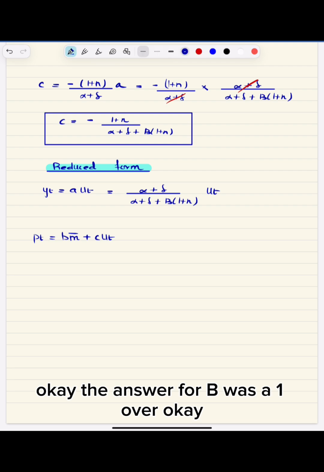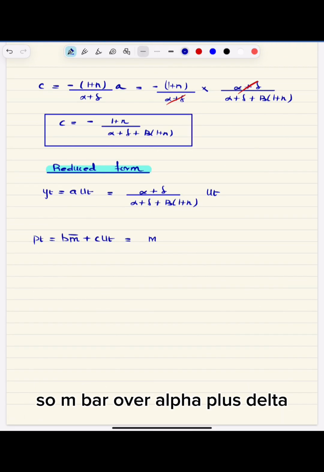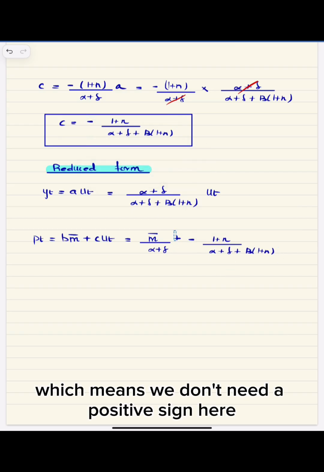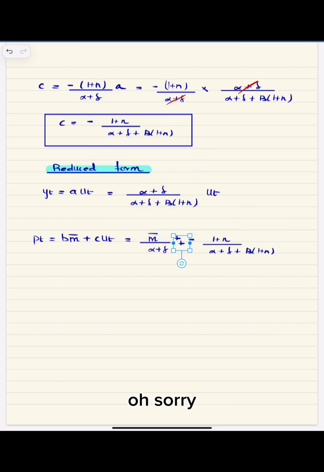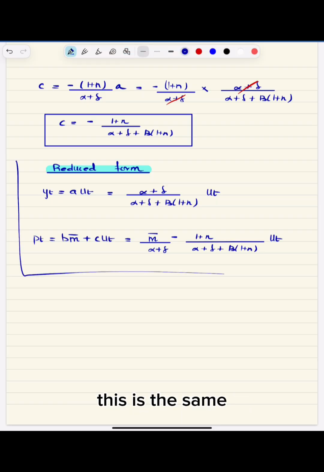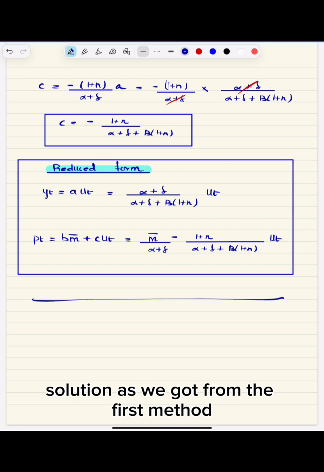Okay, the answer for b was a1 over, okay, so m bar over alpha plus delta, and the value of c is this. Okay, which means we don't need a positive sign here. Oh, sorry. I'm just going to delete that. Okay, and then we have aut. So this is the same solution as we got from the first method.